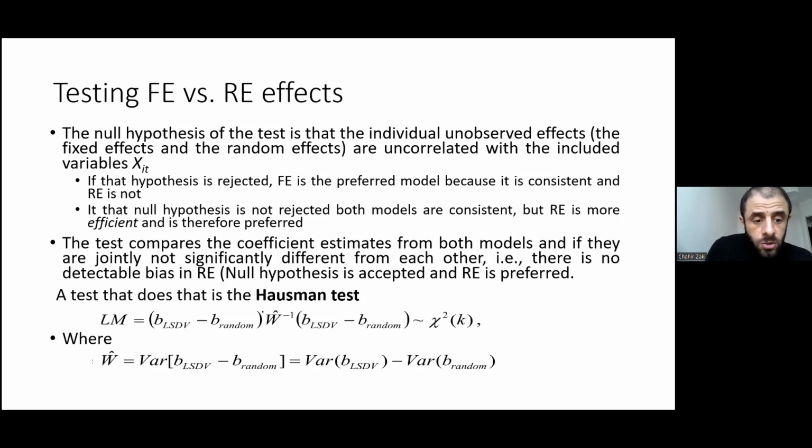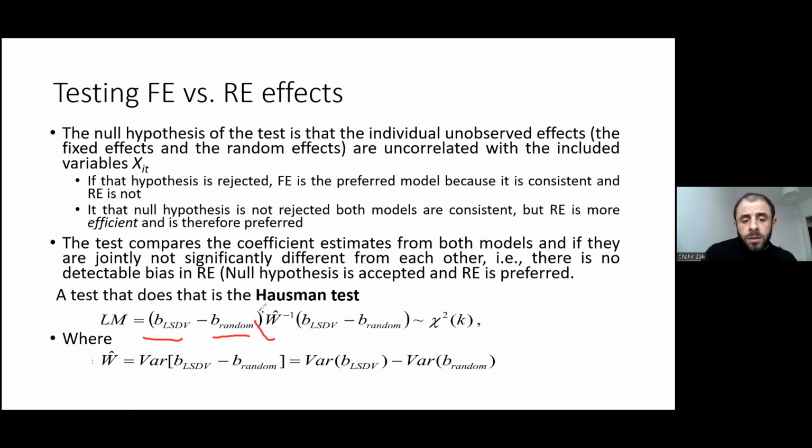So the way the test is constructed, again, it follows a chi-square distribution, where I'm comparing the estimates coming from the least square dummy variable relative to the estimates B here in this line. Okay. I'm comparing the estimates coming from the least square dummy variable with the estimates coming from the random effects.